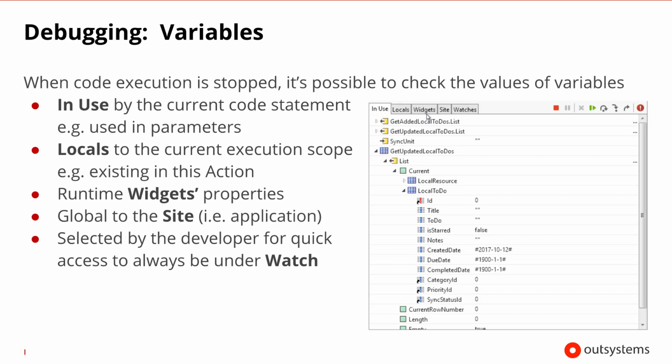We could look at a widget, so some type of graphical widget's properties. We can look at site properties, or we can set variables up inside of a watch, which keeps all of the variables there together. And that may make it a little bit easier if we know exactly which variables are going to be causing problems or are related to one another.